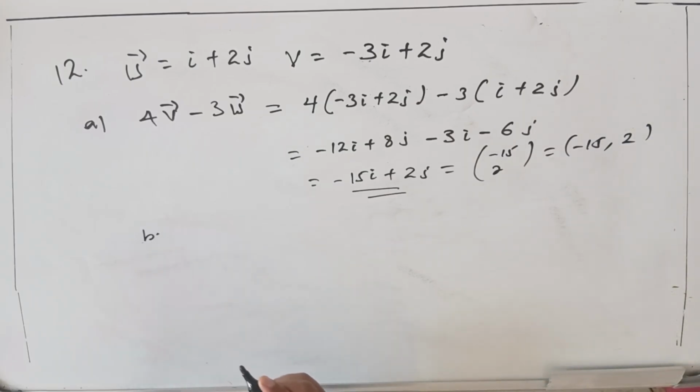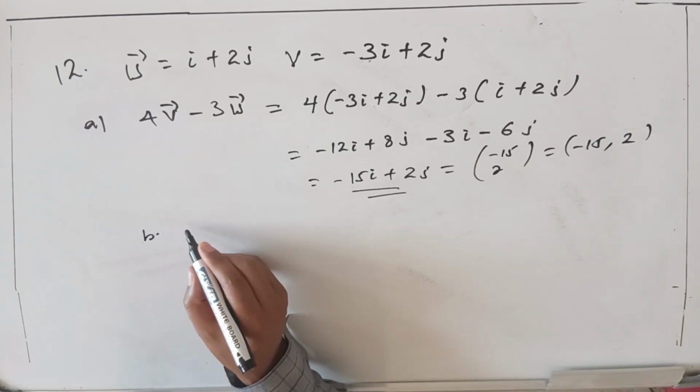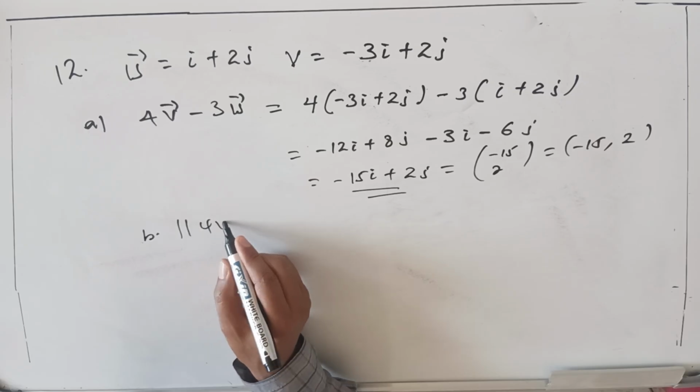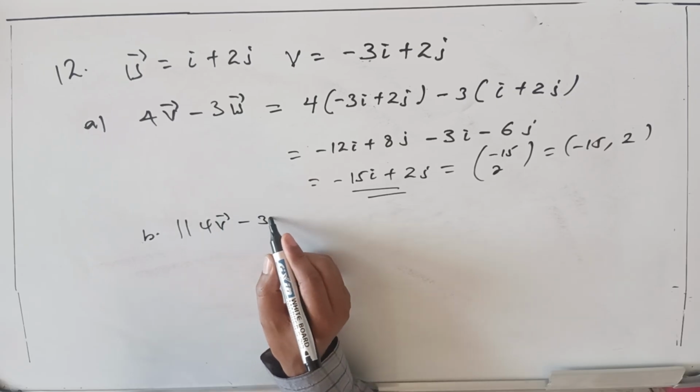B ላይ B, what's the magnitude norm of this one? The magnitude that is vector 4v minus 3u.